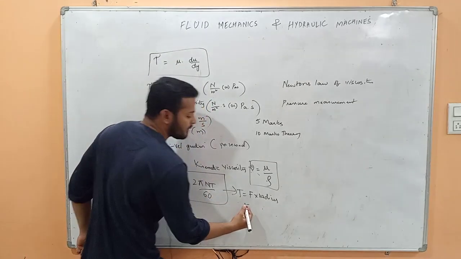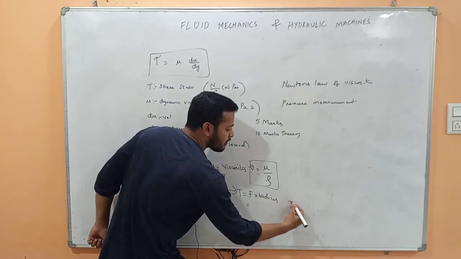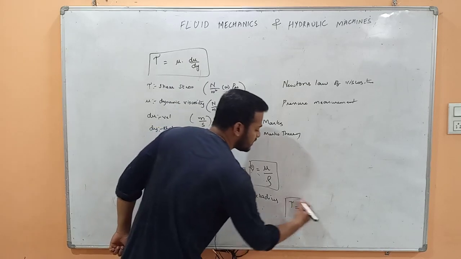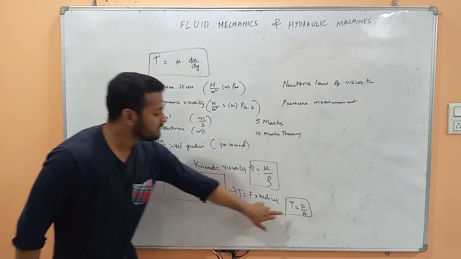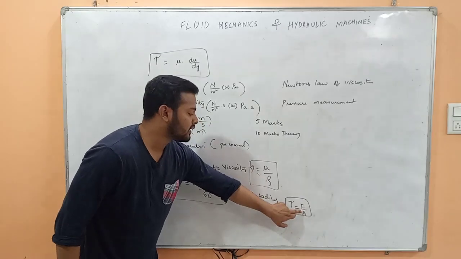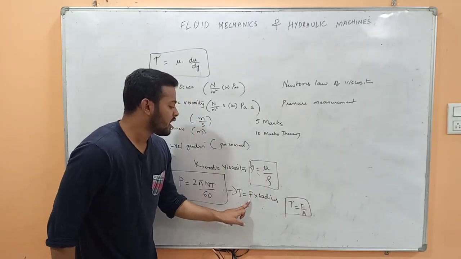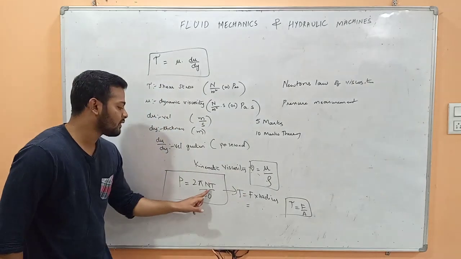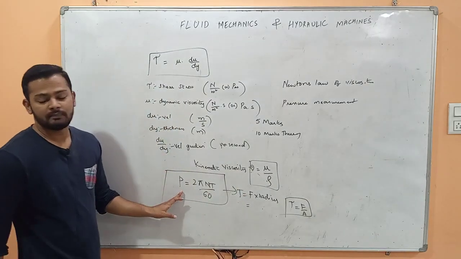Force per unit area. So tau is equals to shear force per unit area. So once you get the value of shear stress, if you multiply tau into area, you will get the value of this force, and this force into radius will give you torque, and if you substitute this torque in this power, you will get the power loss.